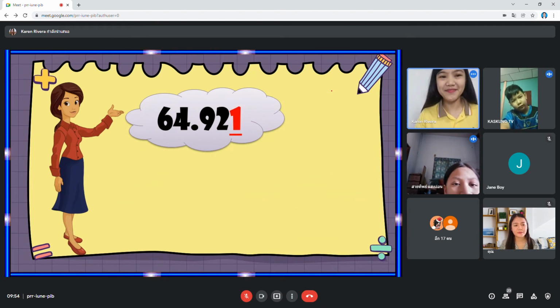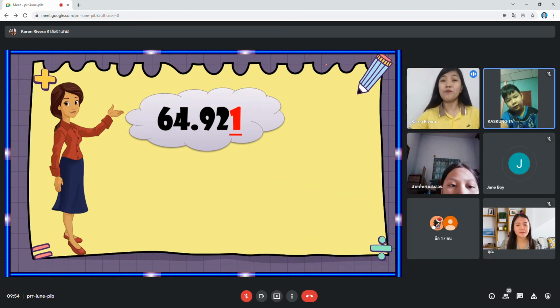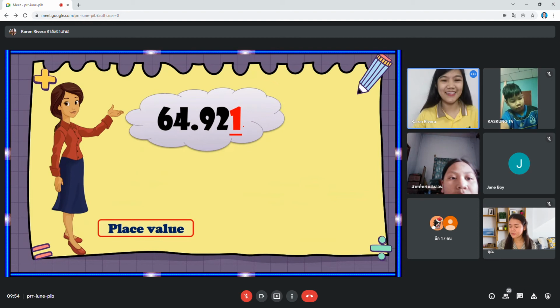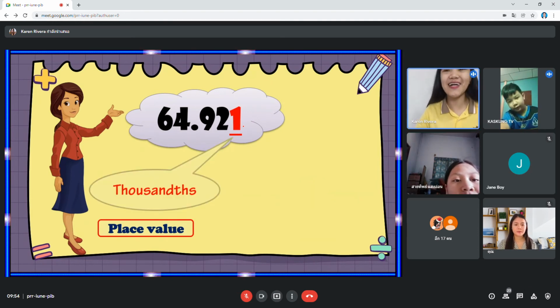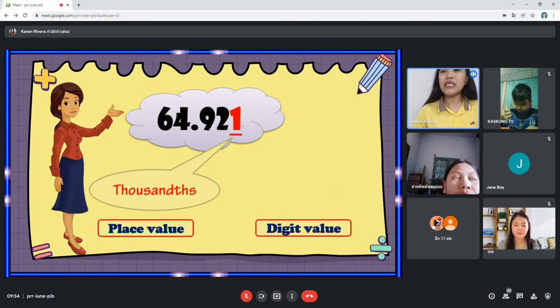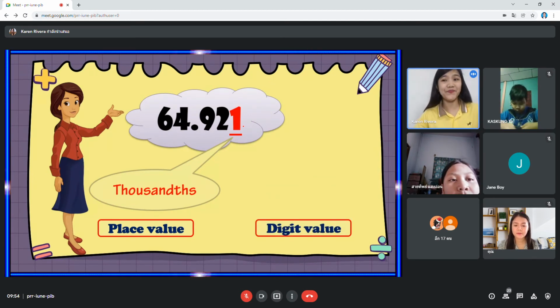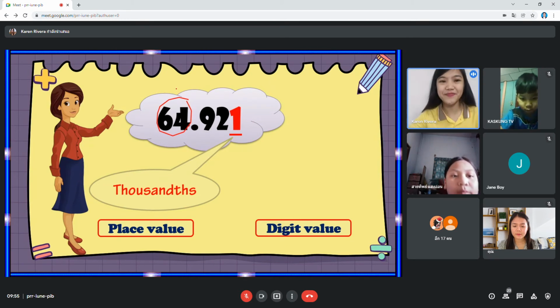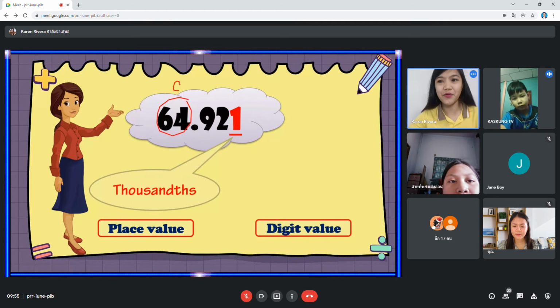21,000. But first, what is the place value of number 1? Thousands. Good job. So the place value of 1 is thousands. Now, what is the digit value? Again, this 64, change it to 0. 0 point. This number 9, change it to 0.